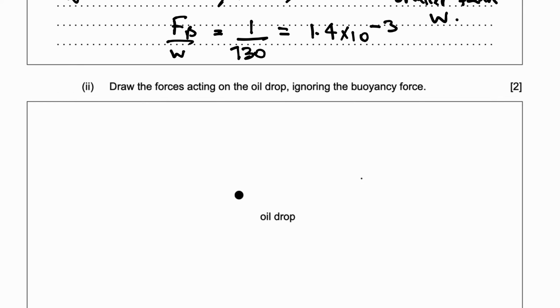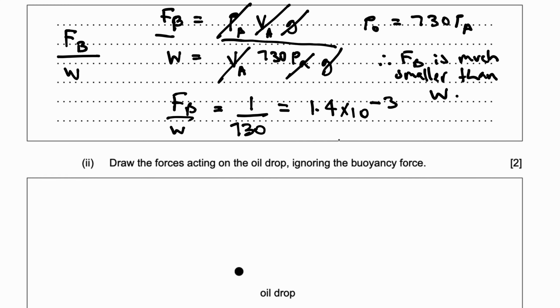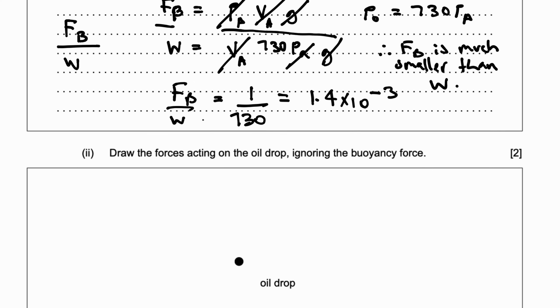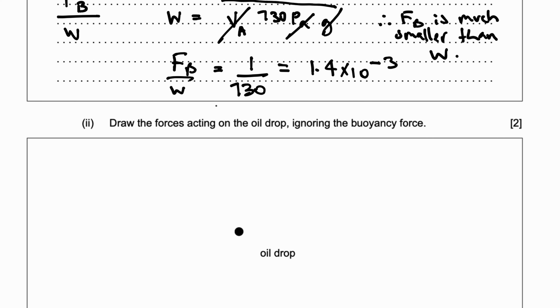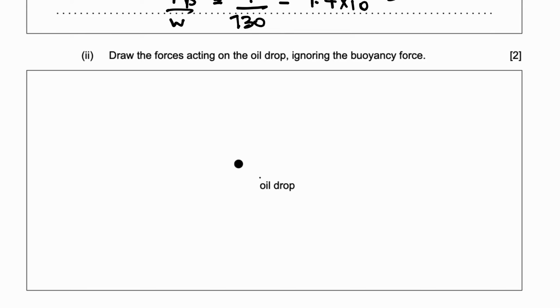Okay, draw the forces acting on the oil drop, ignoring the buoyancy force. So how do we do this? We know that the drop is stationary. Stationary means that the vertical forces on the oil drop are equal and opposite. So what are the only forces on this oil drop, ignoring the buoyancy force?